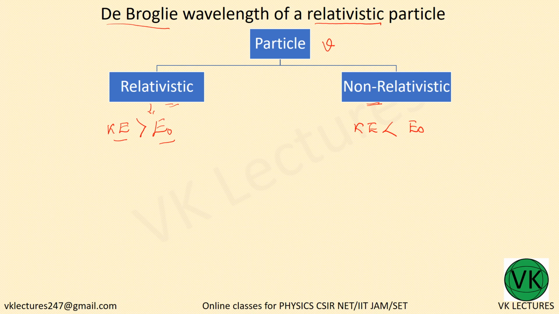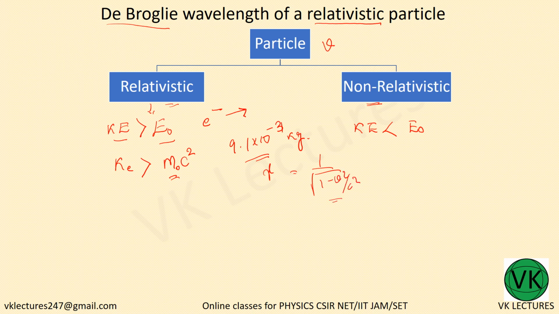For example, consider an electron. Its kinetic energy must be greater than m naught c square, where m naught is the rest mass of the electron, equal to 9.1 into 10 to the power minus 31 kilogram. As this electron starts moving, its mass increases by a factor of gamma, where gamma is equal to 1 by under root 1 minus v square by c square, which is greater than 1.